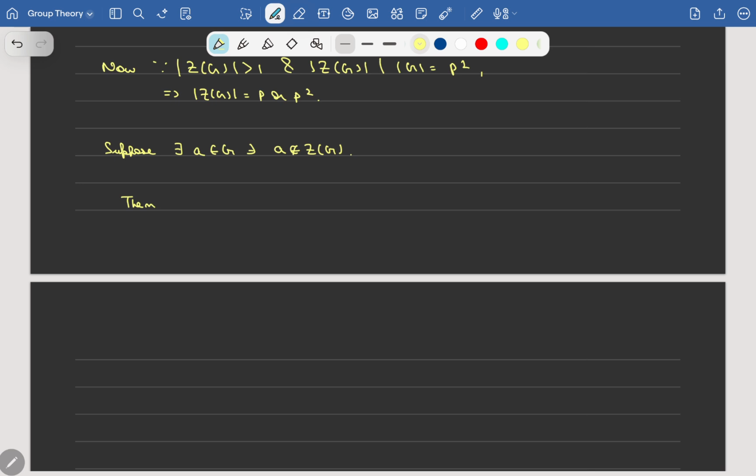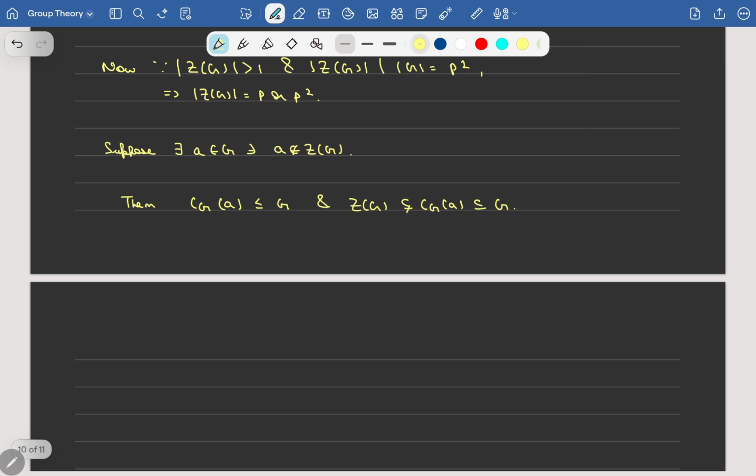If A is not in the center, then obviously not every element of G commutes with A. So what I can try and do is consider the centralizer of A. Now this is also a subgroup of G, and on general it will obviously strictly contain the center of G, because every element in the center will obviously commute with A by definition. And the element A itself is not in the center, but it's in the centralizer, because every element obviously commutes with itself. So it's properly contained here.